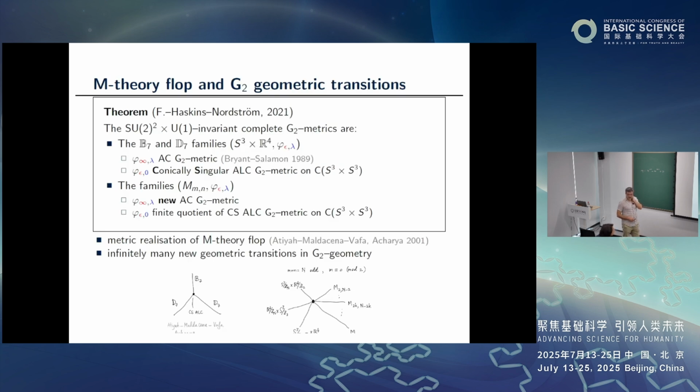I have no idea where this came from. I think the first special holonomy metrics with this ALC type asymptotics were certain Spin(7) metrics on manifolds that I think were called A8.